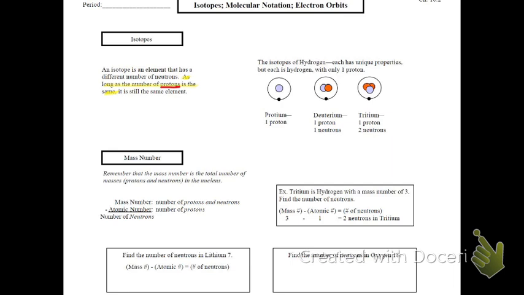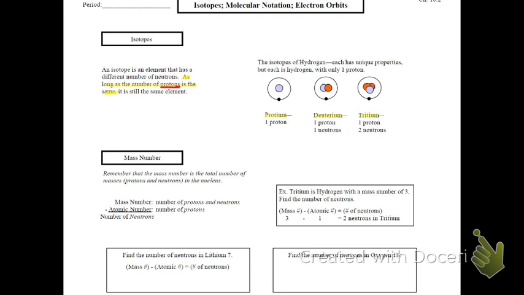The next picture has one proton and one neutron. So they called that one deuterium. And then the third one here has one proton but two neutrons, so that's tritium. But they're all hydrogen.